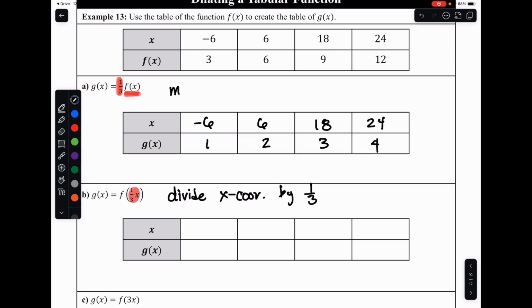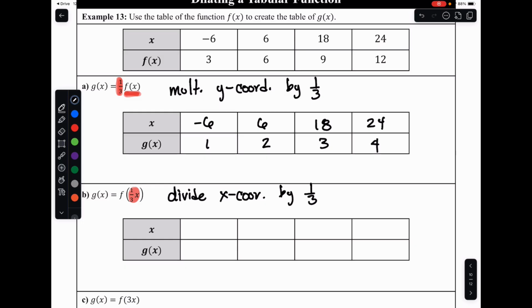So over here we multiplied the y coordinates by 1/3, and now that the 1/3 is on the inside, it's going to affect the x coordinates first of all, but instead of multiplying like we did in the previous table, we're going to divide.